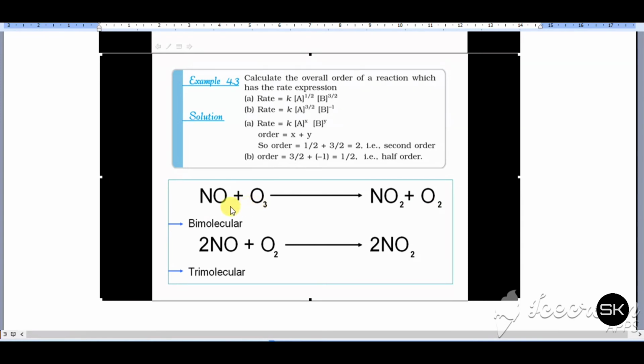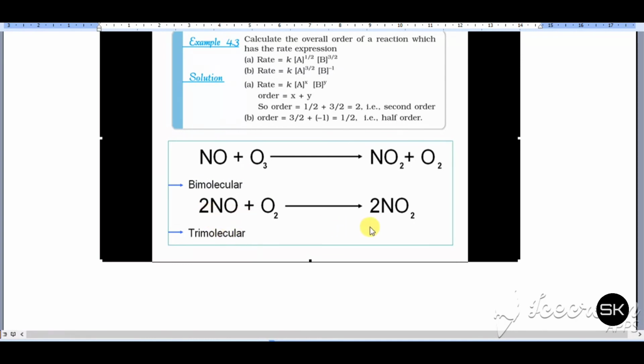Here the reactant species are nitric oxide and ozone. Nitric oxide is 1 mole and ozone is also 1 mole. So the molecularity will be 1 plus 1 equal to 2. That is, it will be a bimolecular reaction.